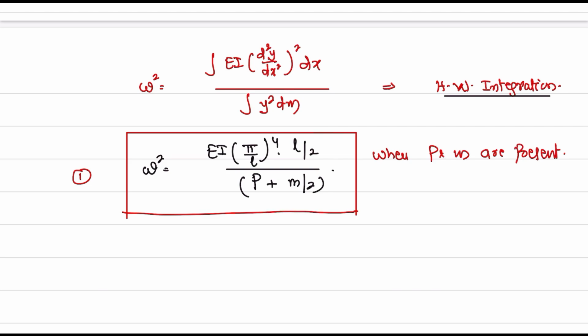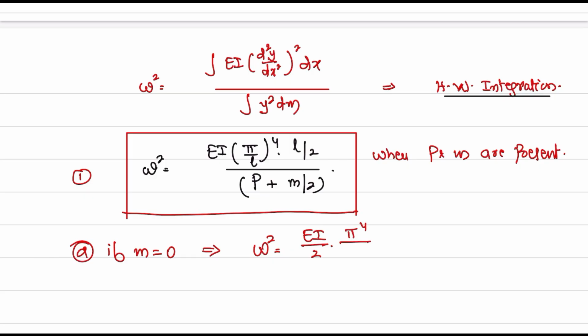If self weight is neglected, m is equal to 0. That implies omega square is equal to EI by 2 into pi to the power of 4 by L cube P, which we can approximate to 48 EI by PL cube.